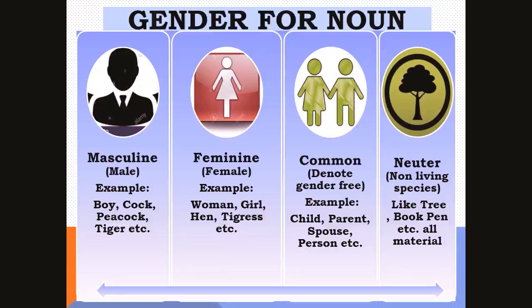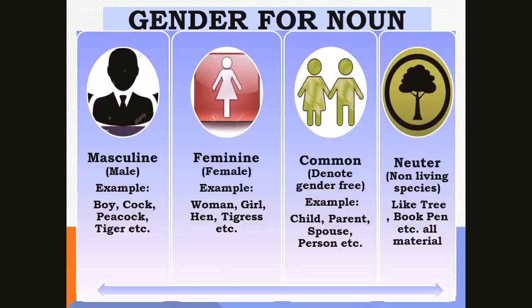Feminine, the female version of the proper noun. You can say woman, girl, hen, tigress. Now, common noun. These denote gender free. Whenever you are saying baby, child, spouse, person, it doesn't denote a particular gender. So these are common gender.